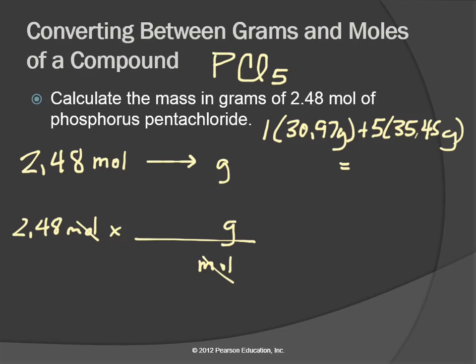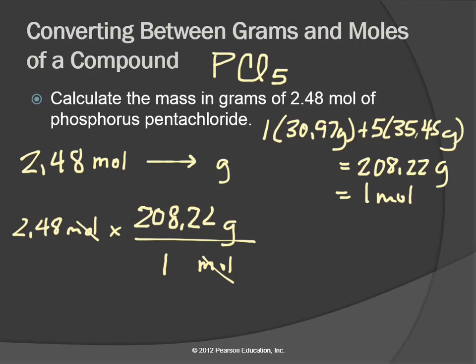So 30.97 plus 5 times 35.45 equals 208.22. And that is equal to 1 mole of the compound. So down here then, 1 mole weighs 208.22 grams.